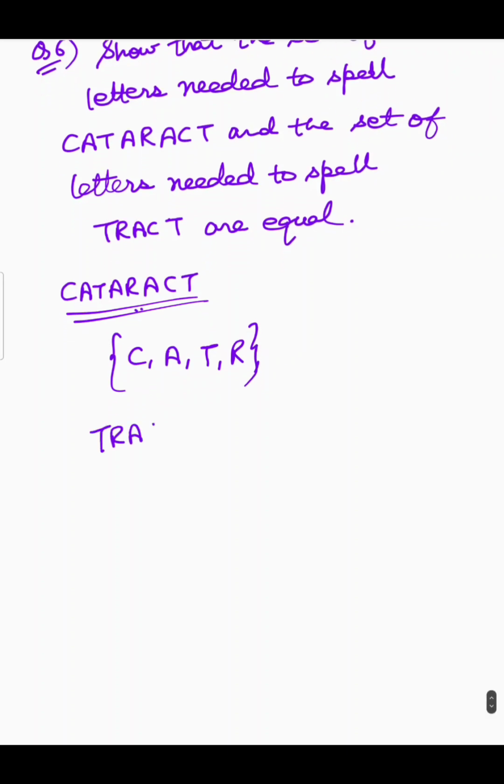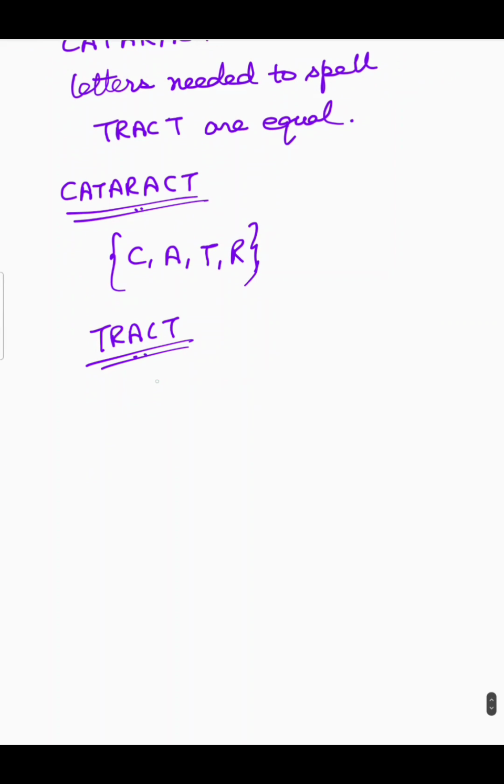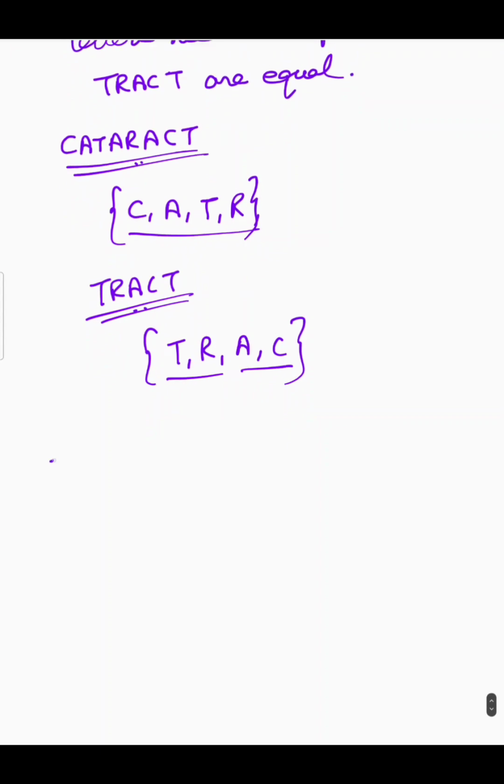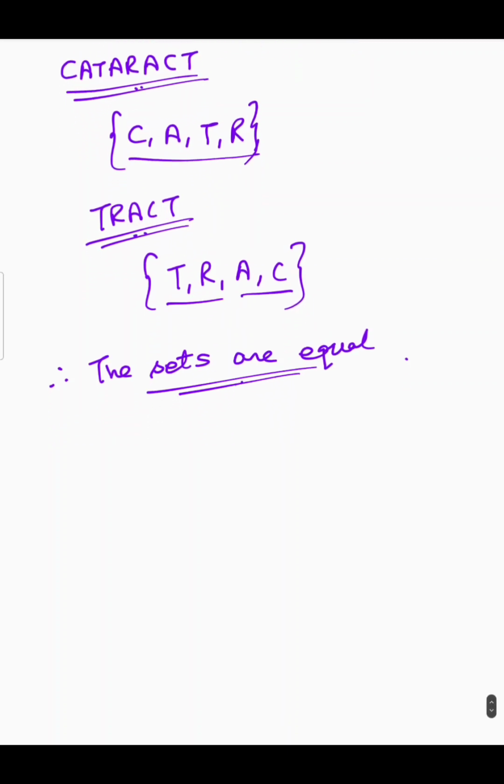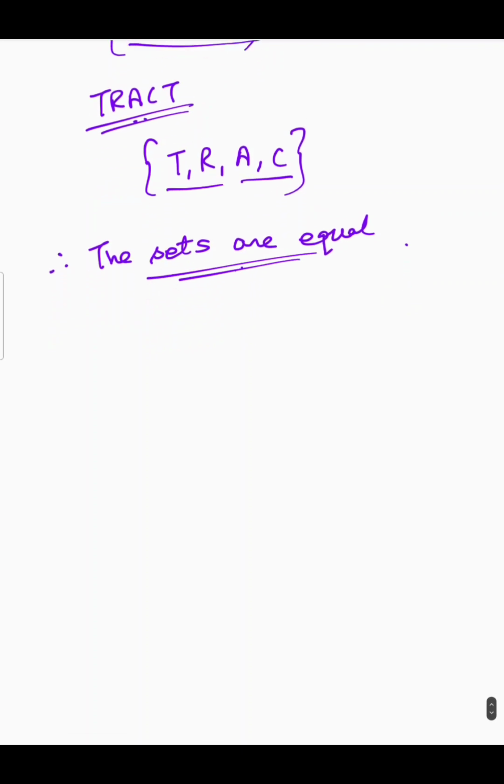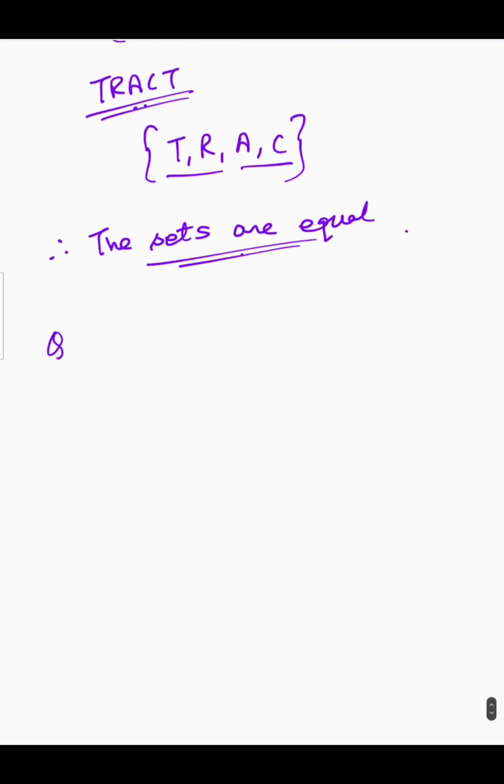And for tract, it will be T, R, A, C. Same: C, A, T, R. So therefore the sets are equal. Very easy question. Next question.